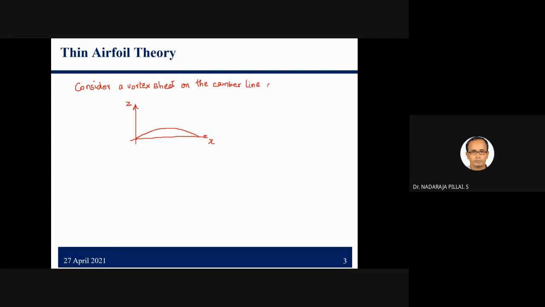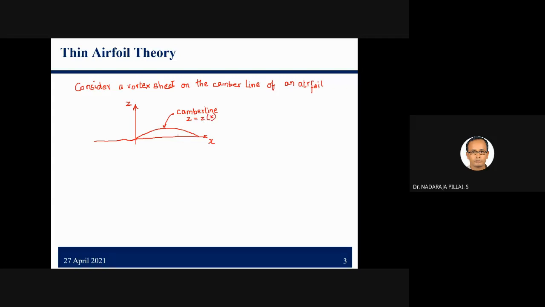So this is a camber line. You know what a camber line is, right? We can say that this is Z equal to Z of X.